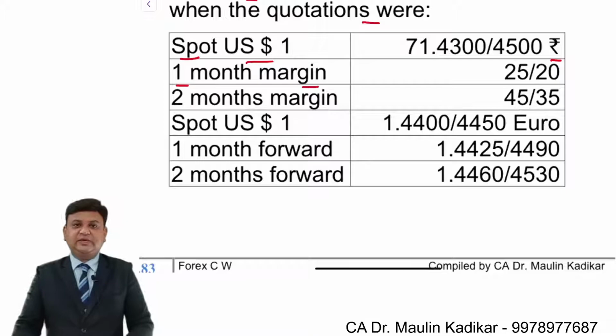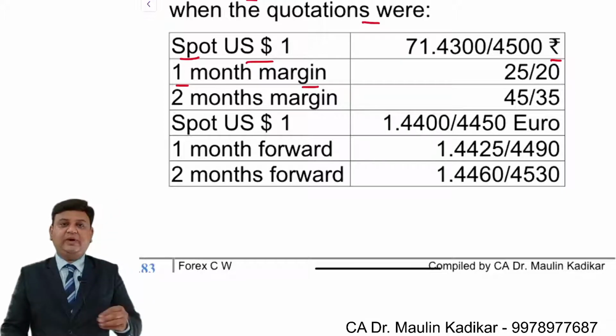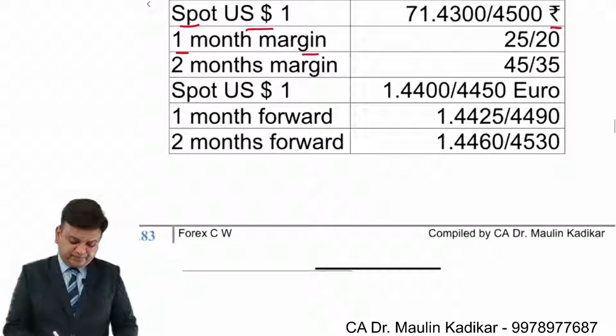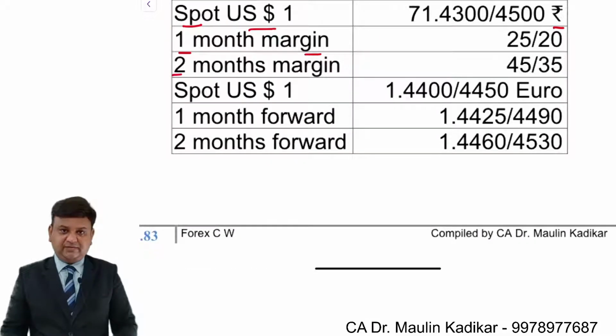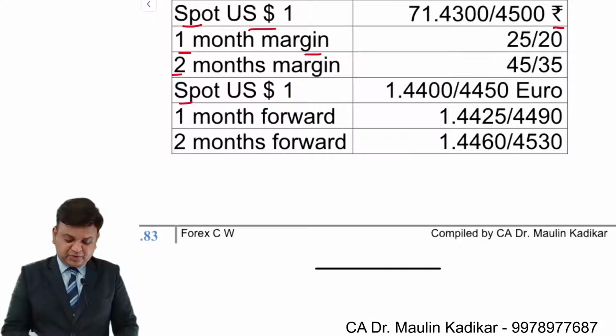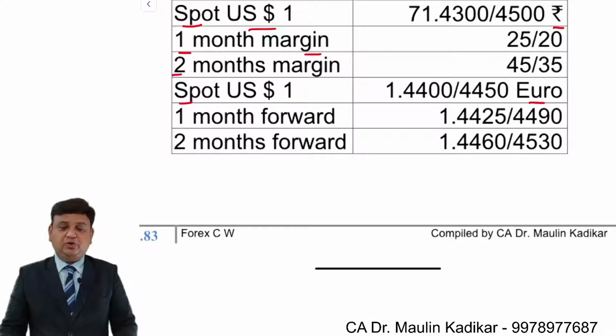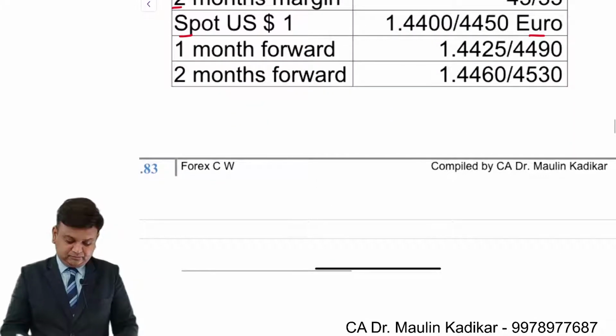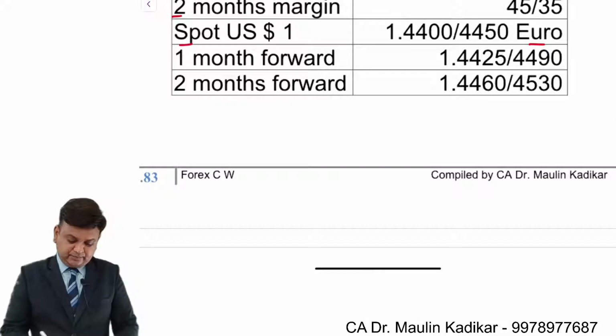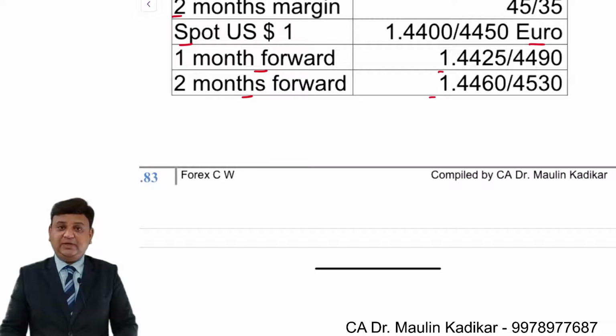Dear students, we have to understand that these are the swap points or the forward points. For 1 month, for 2 months information is given. Spot exchange rate is provided for euro per dollar. For 1 month and 2 months, directly the forward exchange rates have been given to us.